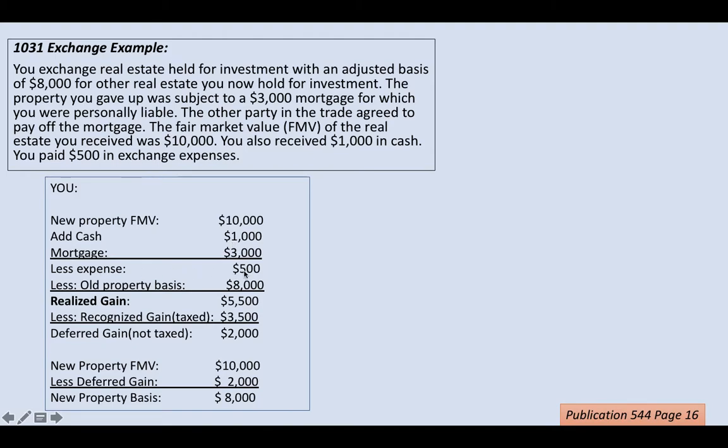Then less the expense, $500. Then you less your old basis on your older property, $8,000. So you realize a gain of $5,500. This is the amount you realized, right?